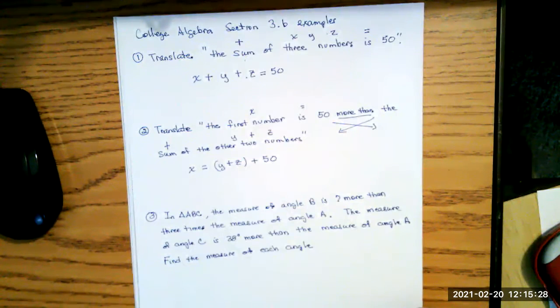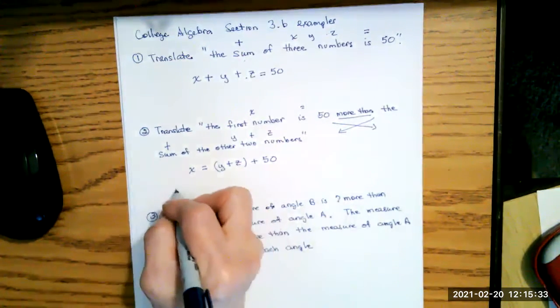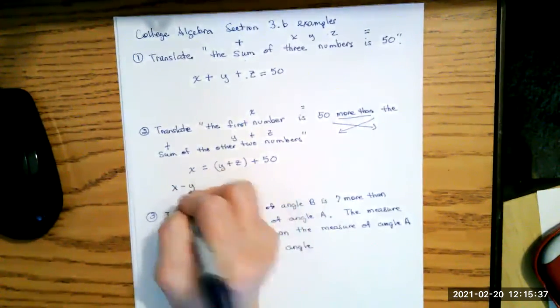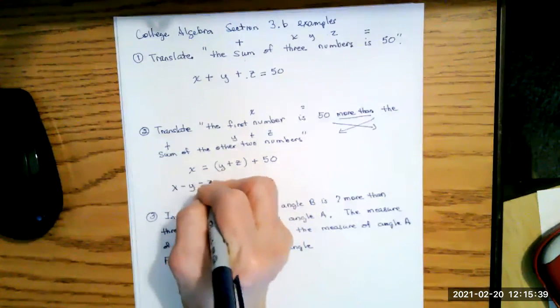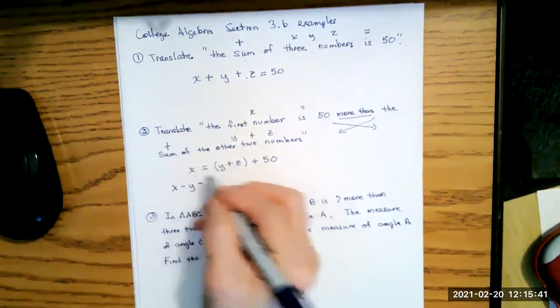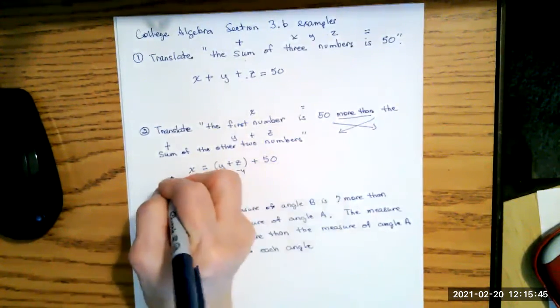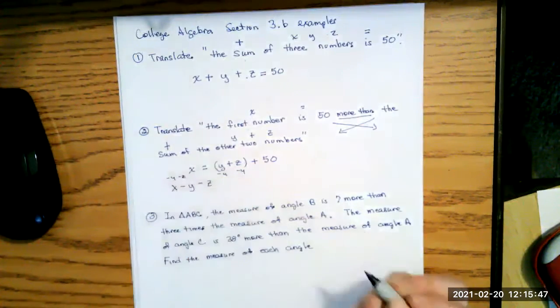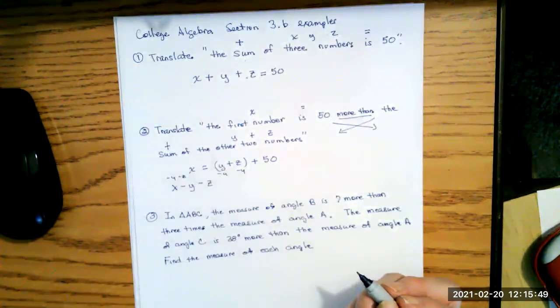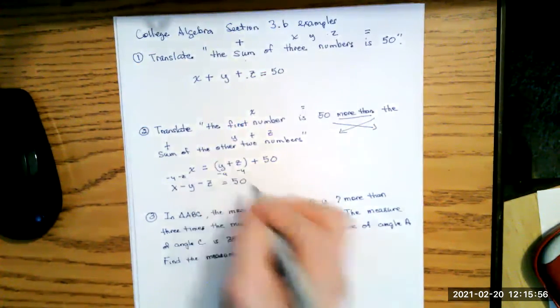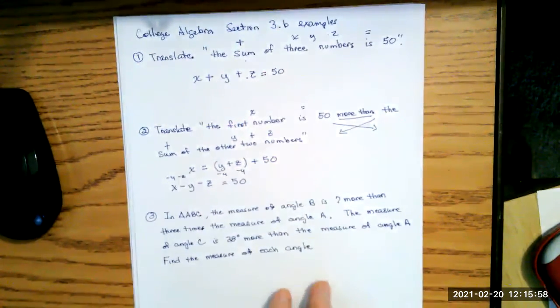So on your homework, they may have listed X minus Y minus Z, because if you bring these across, you would do it by subtraction. So if you subtract Y and Z off and put them in order again, then you would have X minus Y minus Z equals 50. So you might see that answer as well.